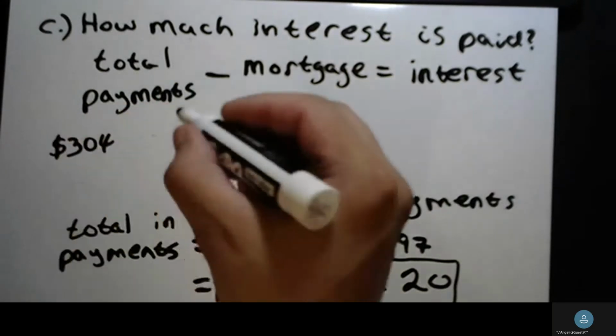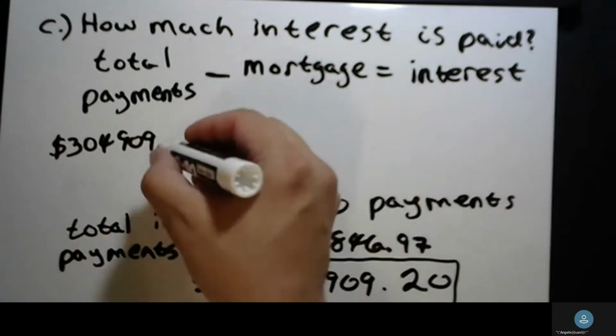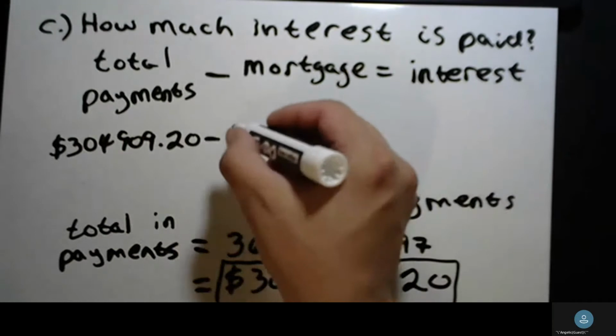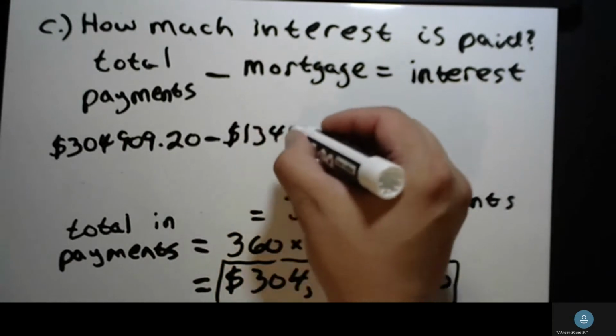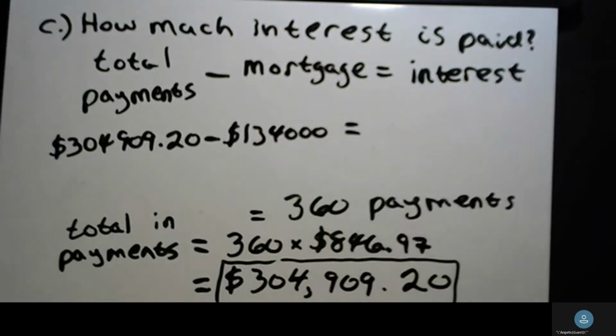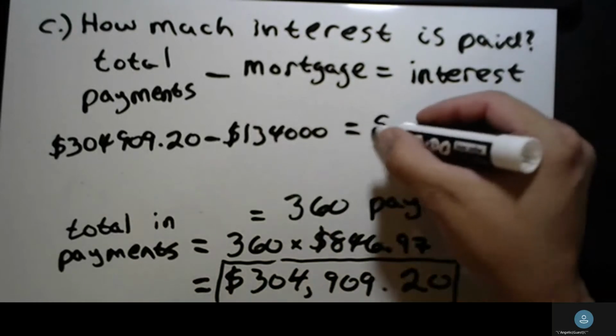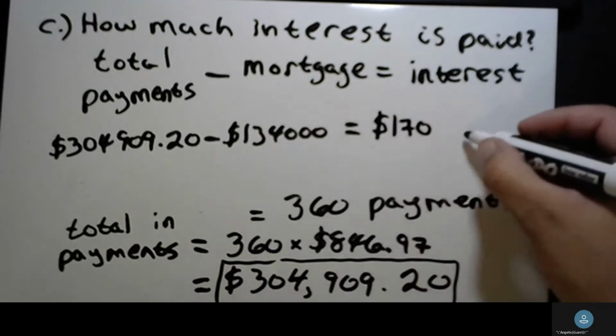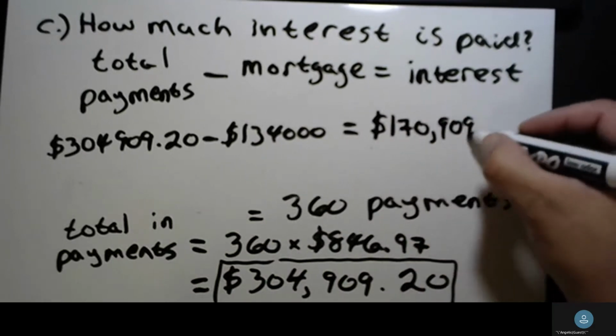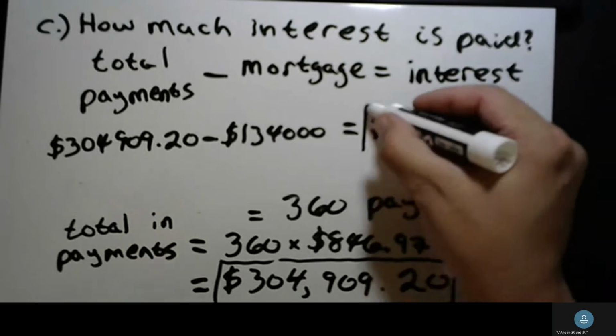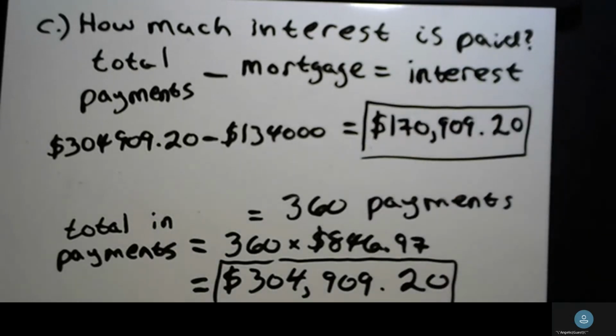Or $304,909.20 minus $134,000. And so that means for the life of this loan, we're paying $170,909.20. So the amount of interest you actually pay on this loan is larger than the amount that you're actually borrowing. So this is something to keep in mind. So any questions about that?